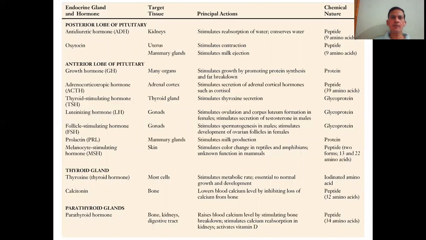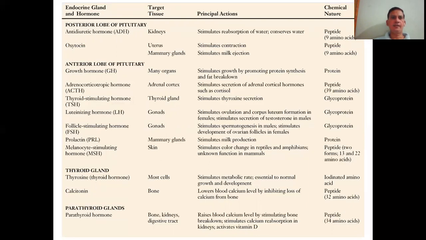So let's imagine on a dry day when one is traveling and the intake of water is less. In that condition, more antidiuretic hormone will be secreted so that reabsorption of water is stimulated, which will lead to the conservation of water and less urine will be formed.